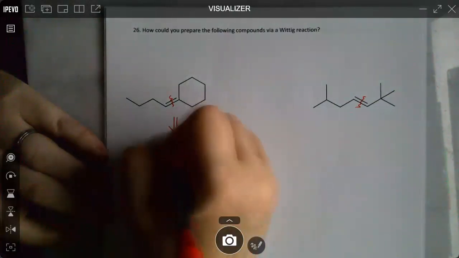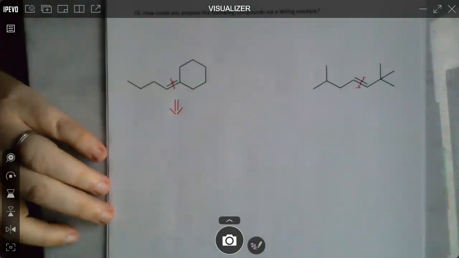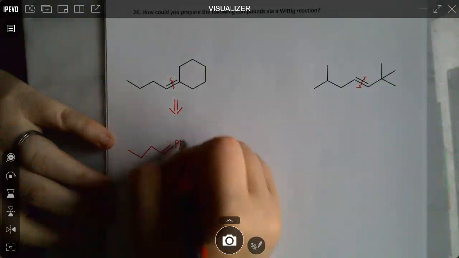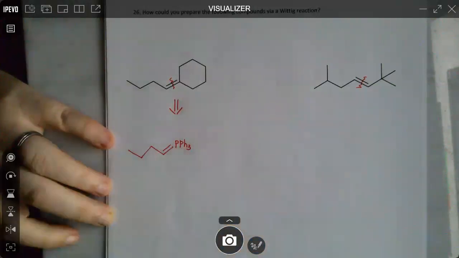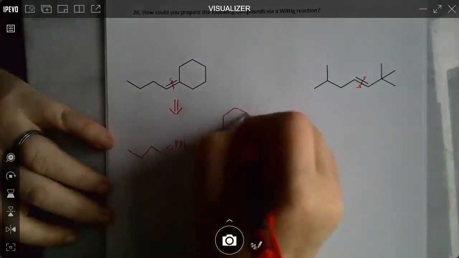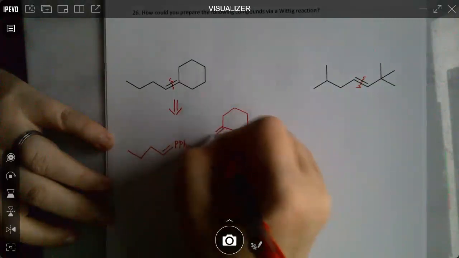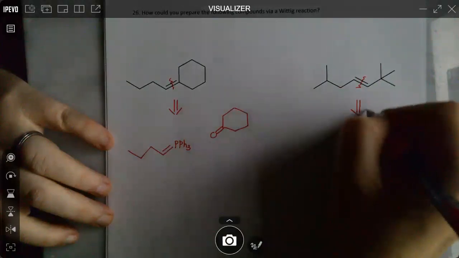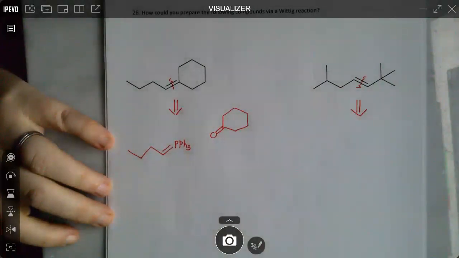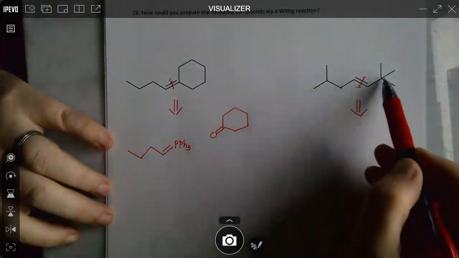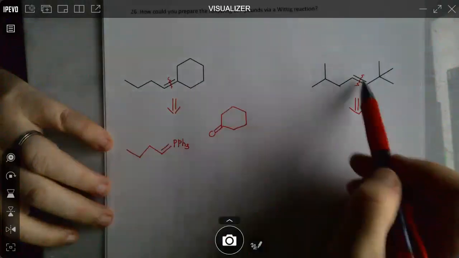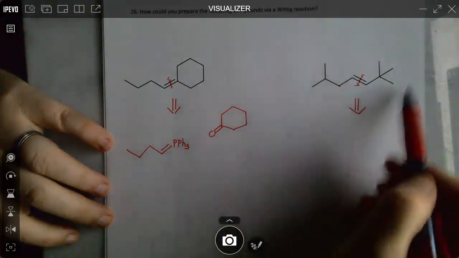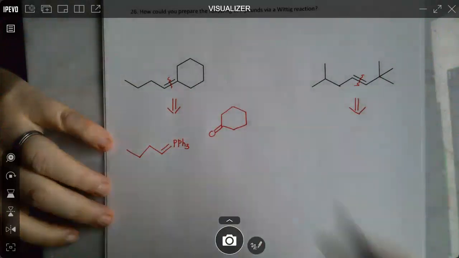So working our way backwards, or retrosynthetically, we would want the Wittig reagent on the less substituted side and the carbonyl on the more substituted side. Looking at this one, there's a little bit of difference in terms of steric hindrance, whereas this carbon is not as sterically hindered as that one. So again, we'll put the Wittig reagent on this side and the carbonyl containing reagent on the other.